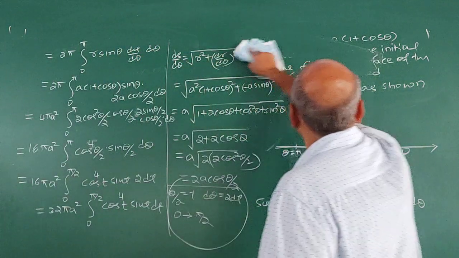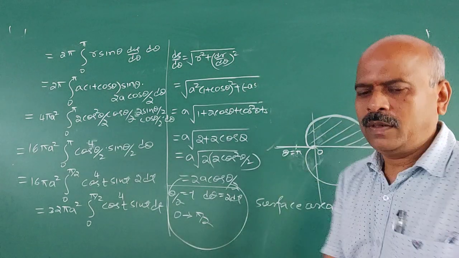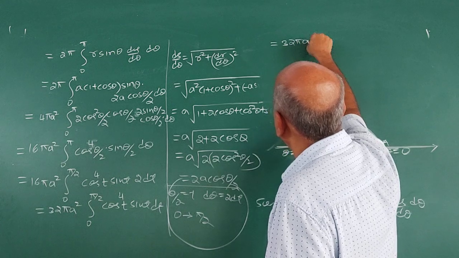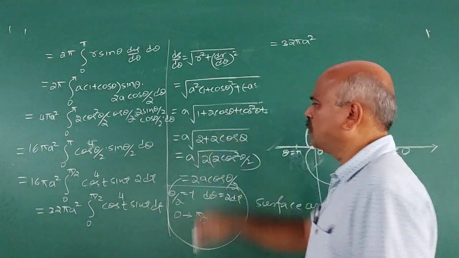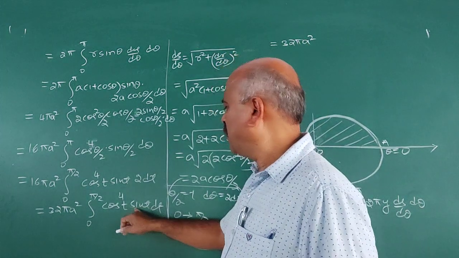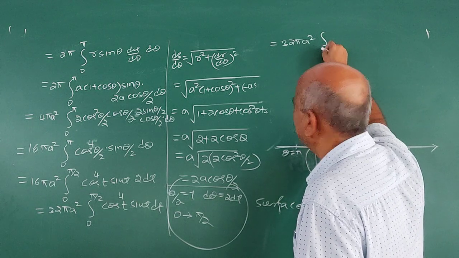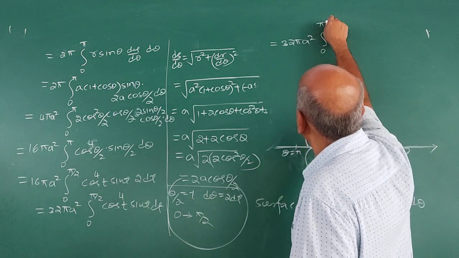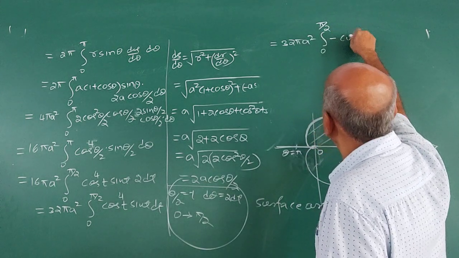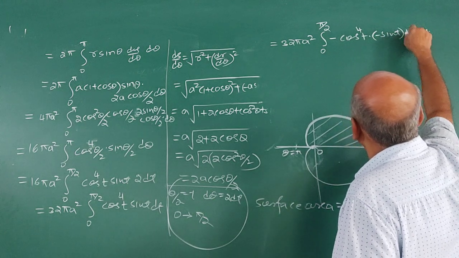This is therefore 32 pi a square cos t raised to 4 sin t, again f(x) raised to n times f dash x, that formula. But differentiation of cos t is minus sin t, so I write this as integral 0 to pi by 2 minus cos t raised to 4 minus sin t dt.